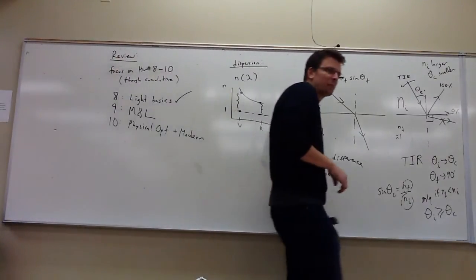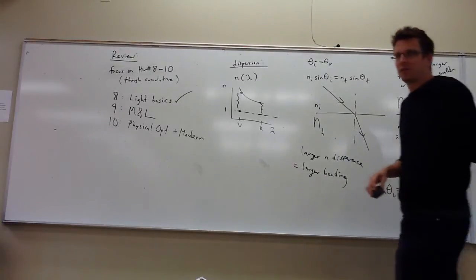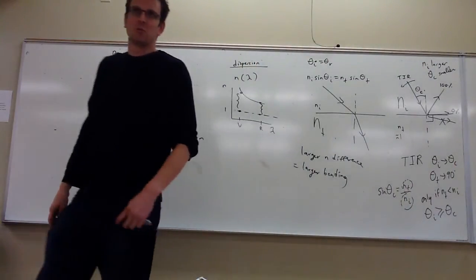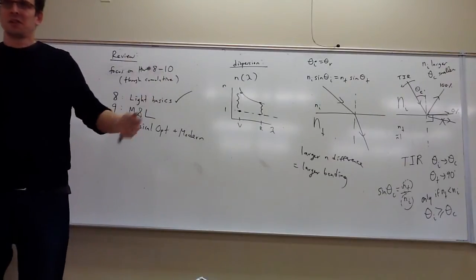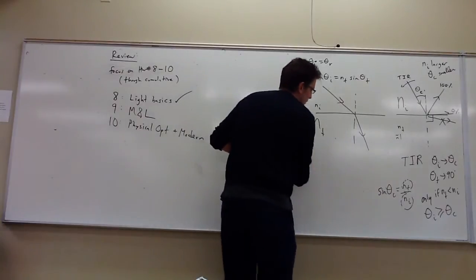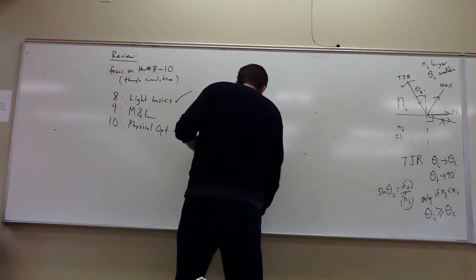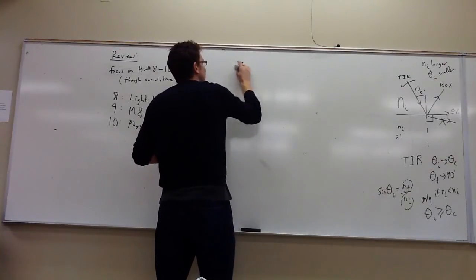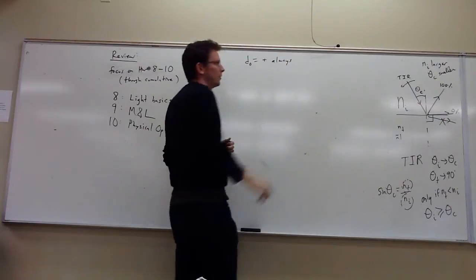I'm going to do a brief synopsis of mirrors and lenses. Again, this is very workmanlike, so a lot of this stuff I didn't derive. I'll just quickly summarize. So for mirrors and lenses, the object distance is always going to be positive for us.